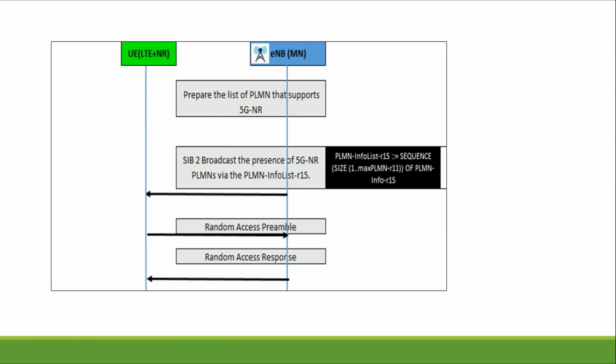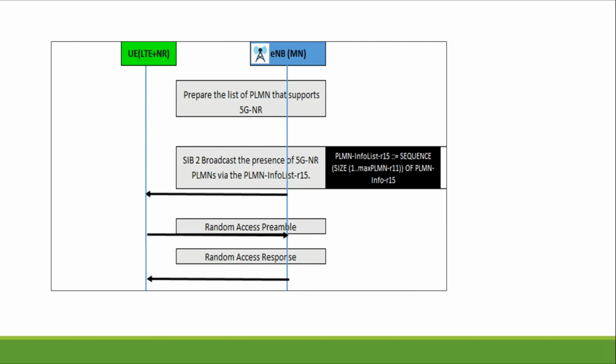After that the RACH process will start. You can see the random access preamble is sent by the UE to the master nodeB, and in response it gets the random access response.